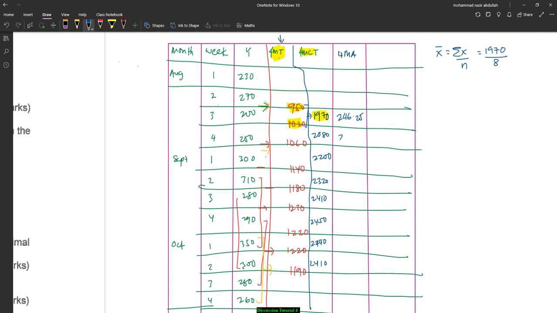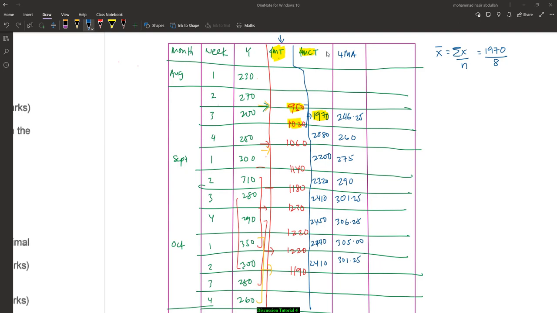This one is going to be 260. 2200 divided by 8 is 275. 2320 divided by 8 is 290. 2410 divided by 8, this is going to be 301.25, and this is 306.25, 305.00, 301.25. Got it?